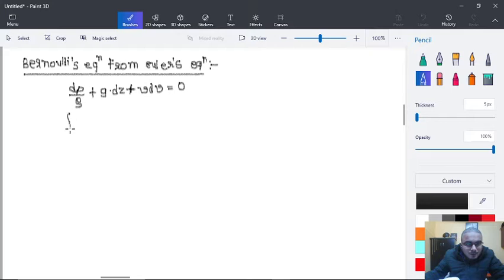So integration dP by rho plus integration G dz plus integration V dV equal to, here we will be getting constant.